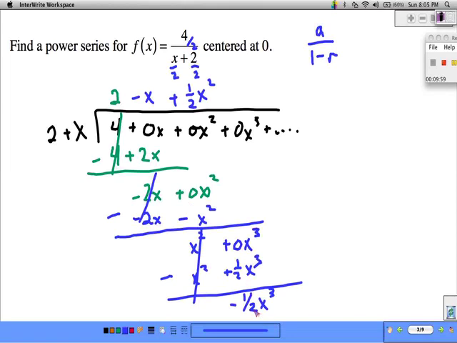And I could continue on, but you can see that if I factor a 2 out of this, I get 2 times 1 minus 1/2 x plus 1/4 x squared, and so on. I get the same series that I got by rewriting this so it represents the power series sum.